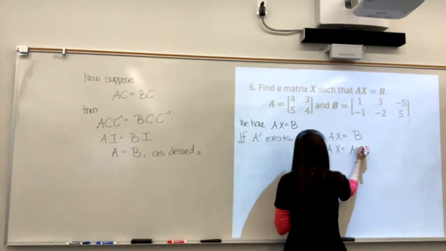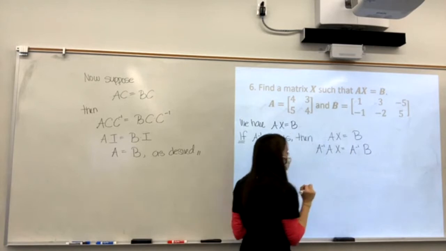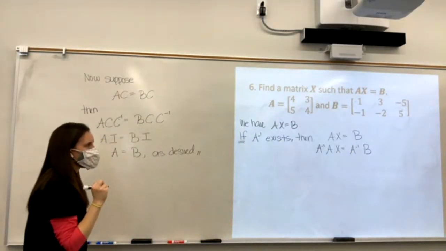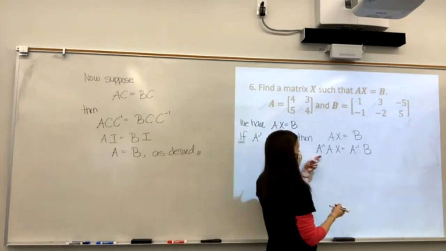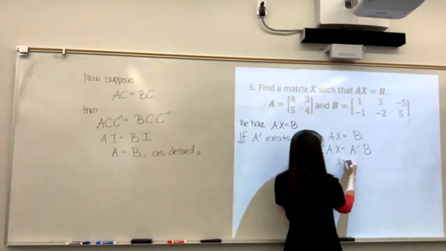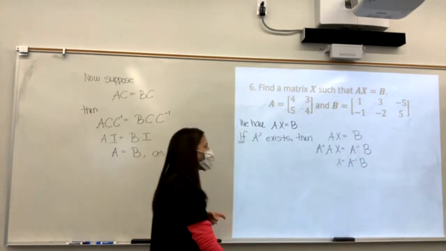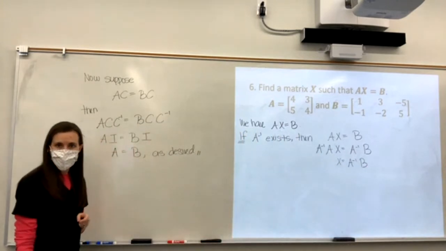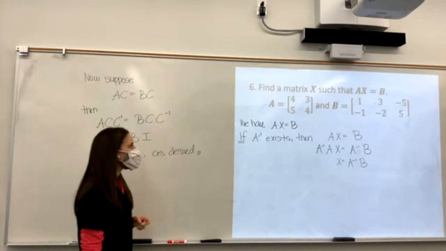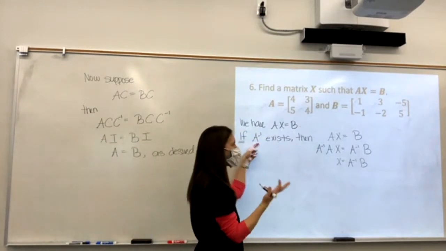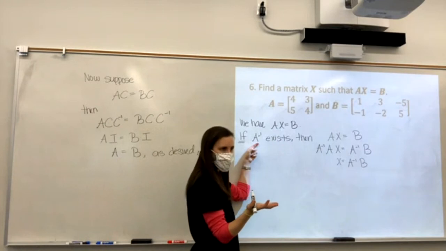Again, whatever you do on one side, you have to do on the other side. Then we can solve, because A inverse times A is just the identity, and we would know that X is A inverse times B. Cool. So that's how we can move the A over to the other side, but we're only allowed to do that if A is invertible, right?